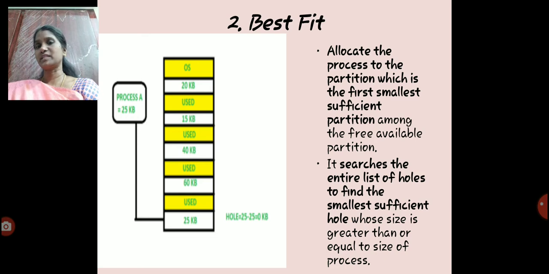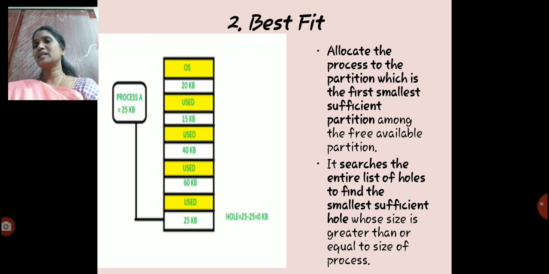The next one is best fit. Best fit is allocating to the process the smallest sufficient partition. In first fit, whichever partition is able to accommodate the awaiting process is supplied. Here in best fit, the smallest sufficient partition is allocated to the awaiting process.